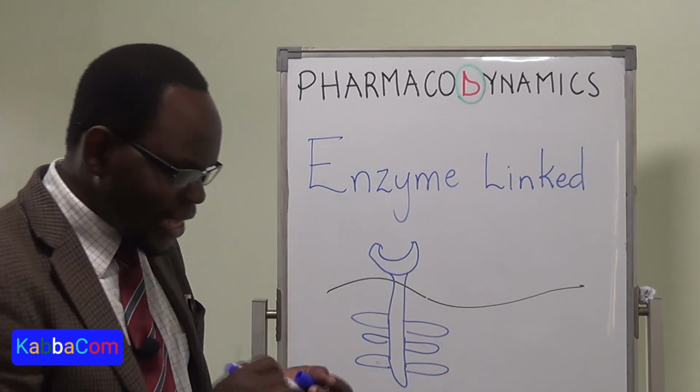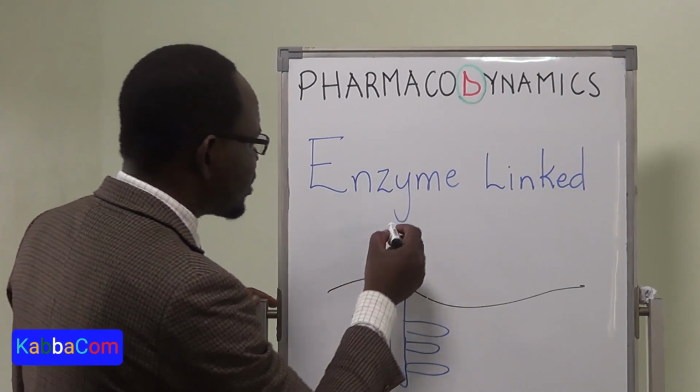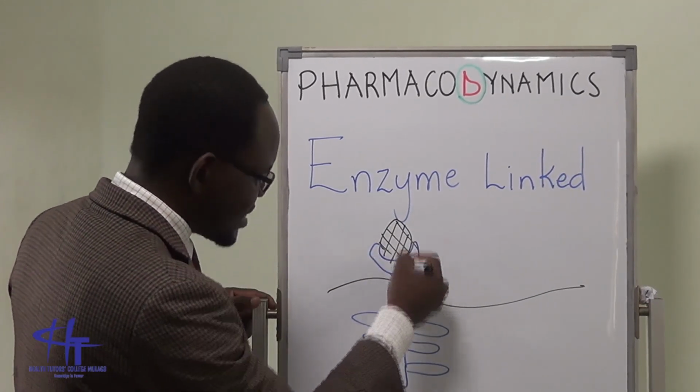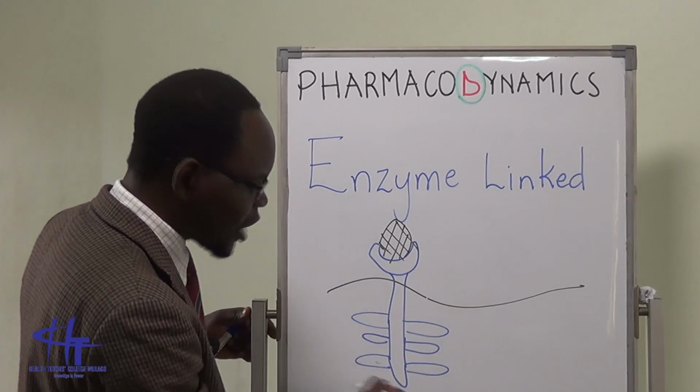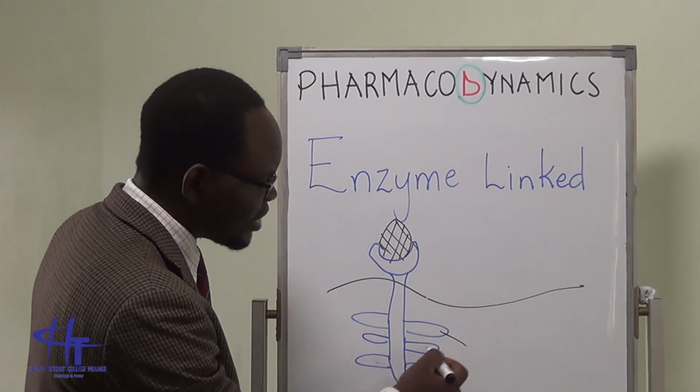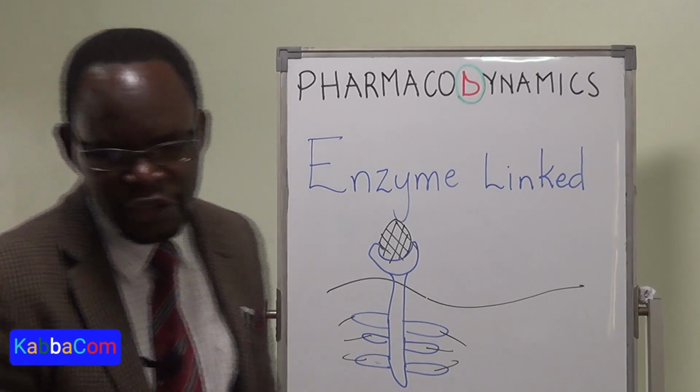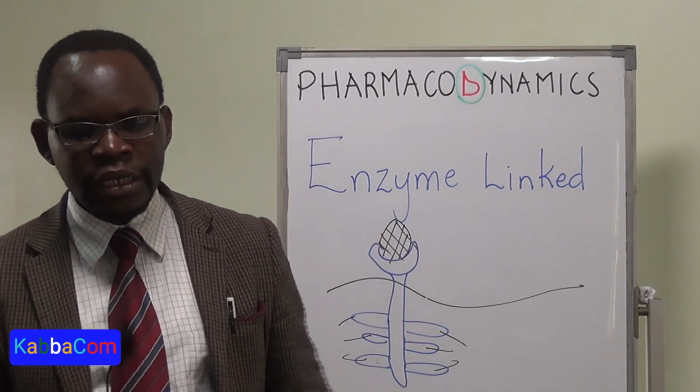And so once you have a receptor, once you have a ligand bind here, then we have a series of reactions that go on to activate these several enzymes. So that's why it is referred to as enzyme linked receptors.